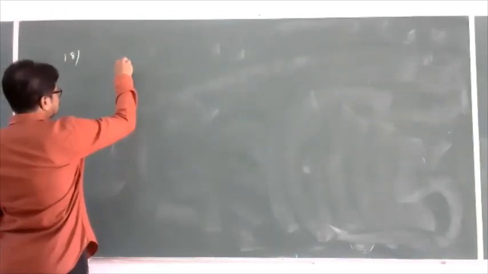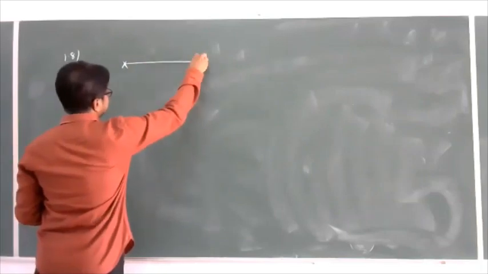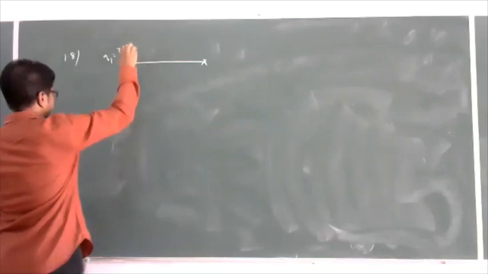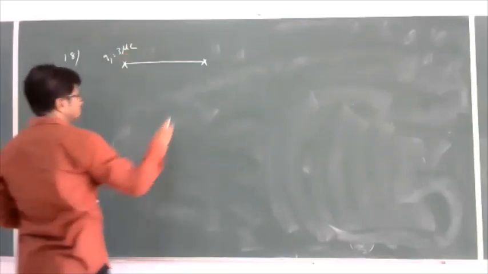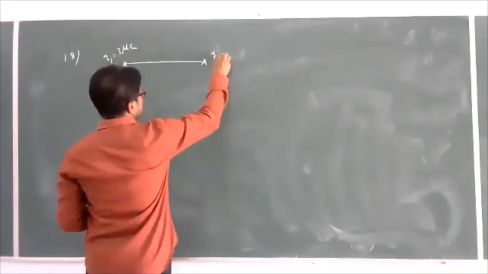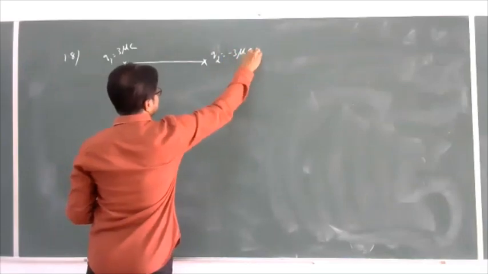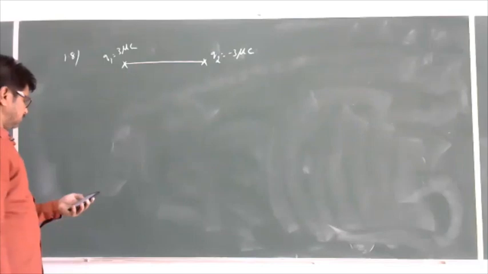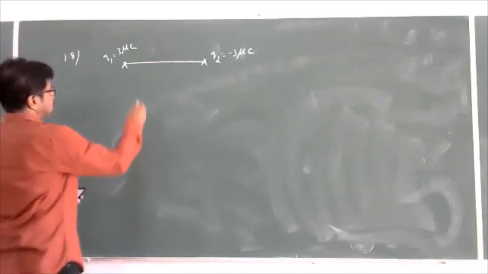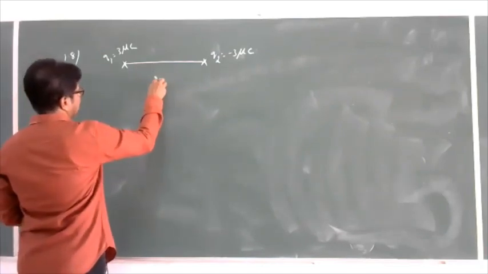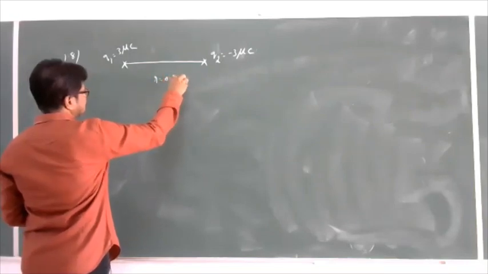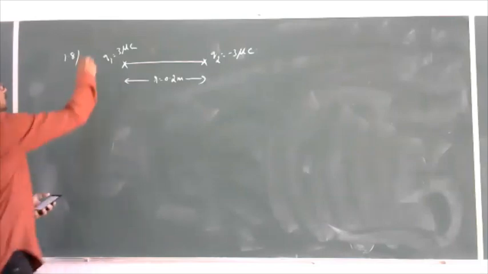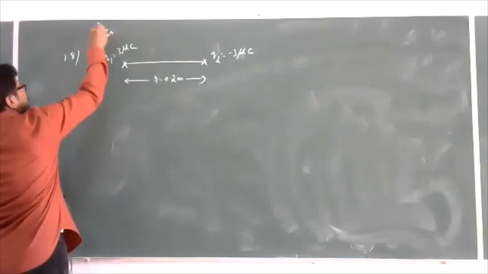Two charges, Q1 3 microcoulomb and Q2 minus 3 microcoulomb, are located 20 centimeter apart. 20 centimeter is nothing but 0.2 meter, in air as the medium.